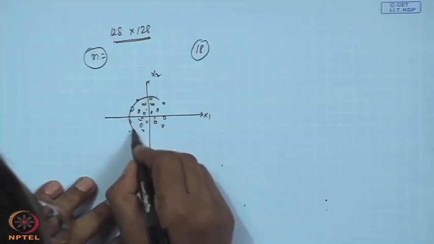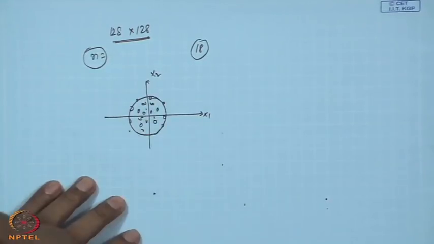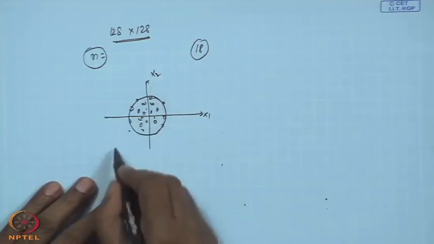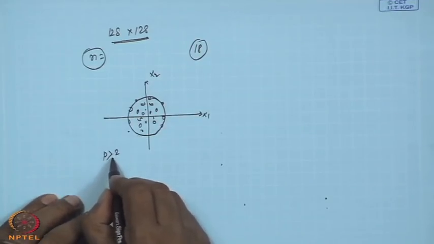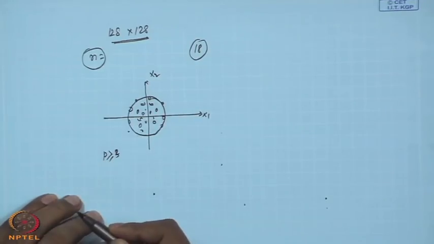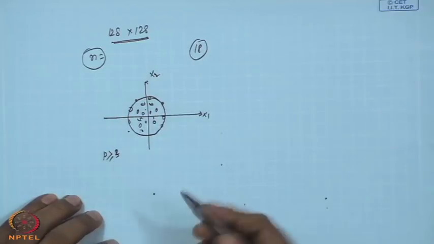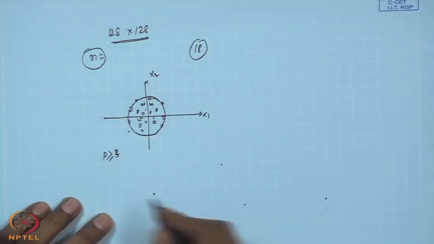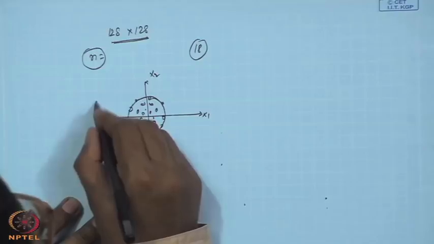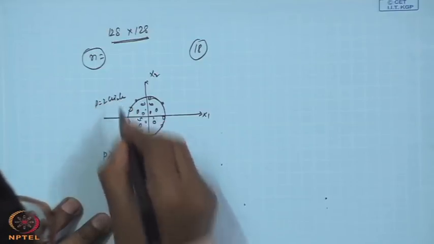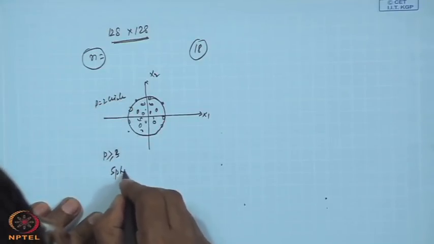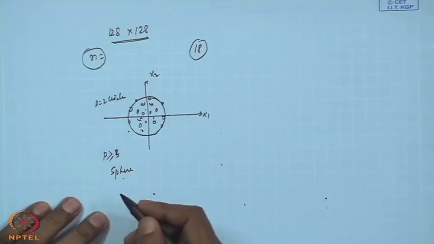So it resembles a circle. If I go for p greater than or equal to 3, what will happen? It will become a sphere. So for p equal to 2 it is a circle, and for p greater than or equal to 3 it will be a sphere.